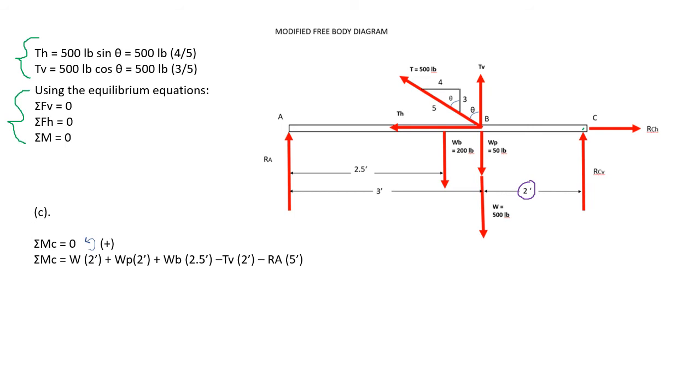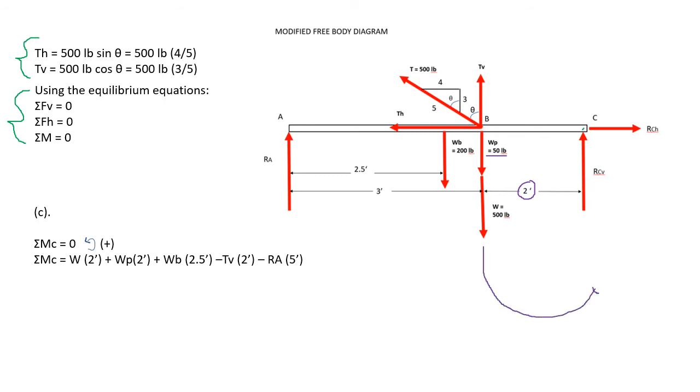Then, plus the weight of the pulley, which is 50 pounds, times its perpendicular distance about C, which is also 2 feet, plus the weight of the beam times its perpendicular distance about C, which is equal to 2.5 feet.